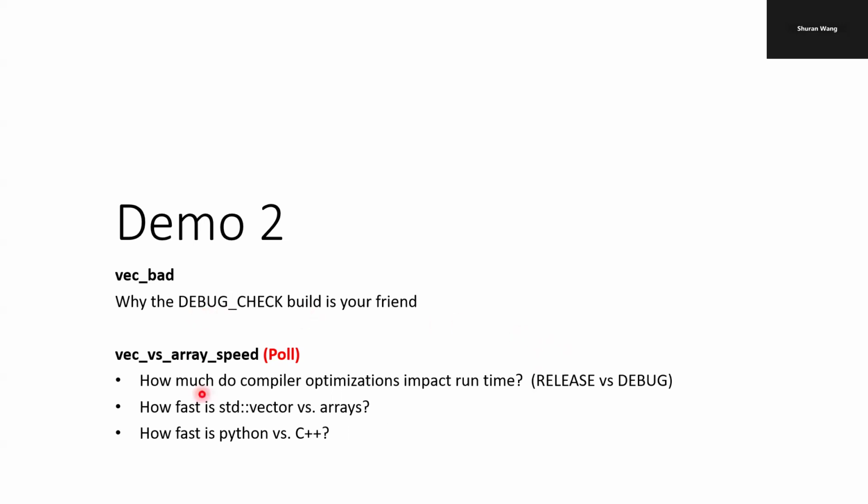Okay. Vector versus arrays. How fast will vector be versus arrays? Any hypothesis on that? Yep, arrays. Arrays are O(1).